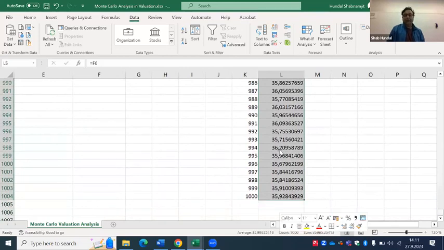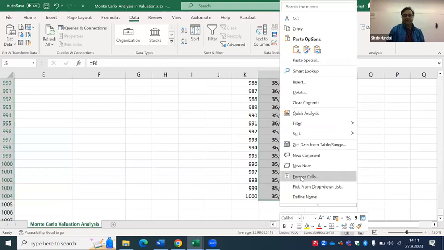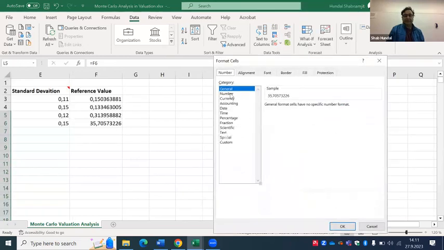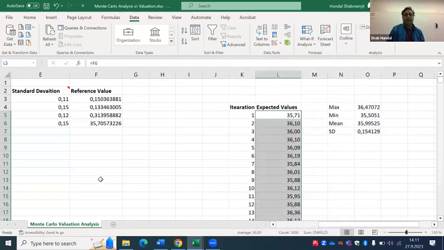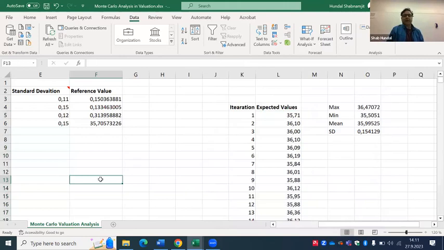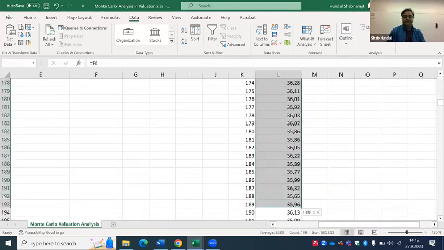So if you want, I can do formatting, format cells, number, and we can have maybe 3 decimal points, or 2 decimal points, no big deal. Now it looks more reasonable, like 35 euros and 71 cents. Okay, all right.